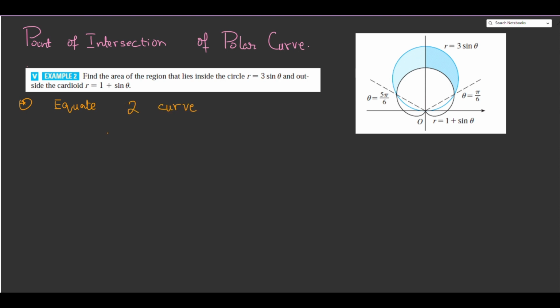It means that you have to put, for example, 3 sine theta equals 1 plus sine theta. Bring this sine theta to the left hand side. It becomes 2 sine theta equals 1, and that gives you sine theta equals half.